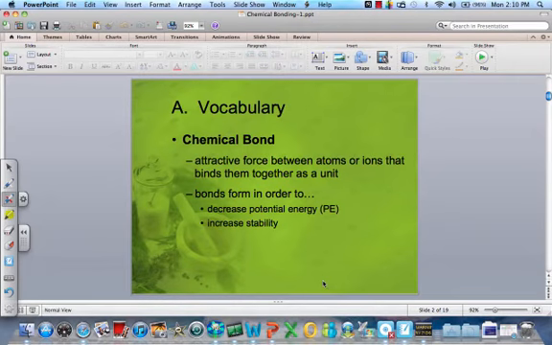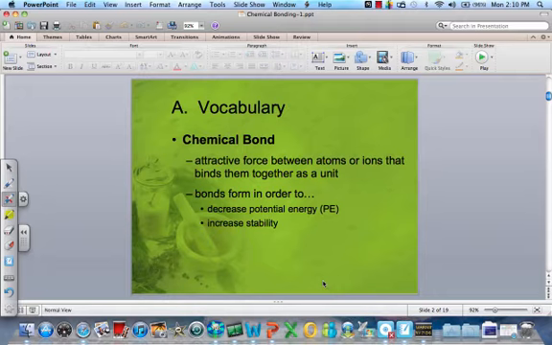Alright, so let's talk about some vocabulary first. A chemical bond is the attractive force between atoms or ions that binds them together as a unit. So it is the force that holds two or more atoms together, whether they share the electrons or whether they transfer the electrons to each other.